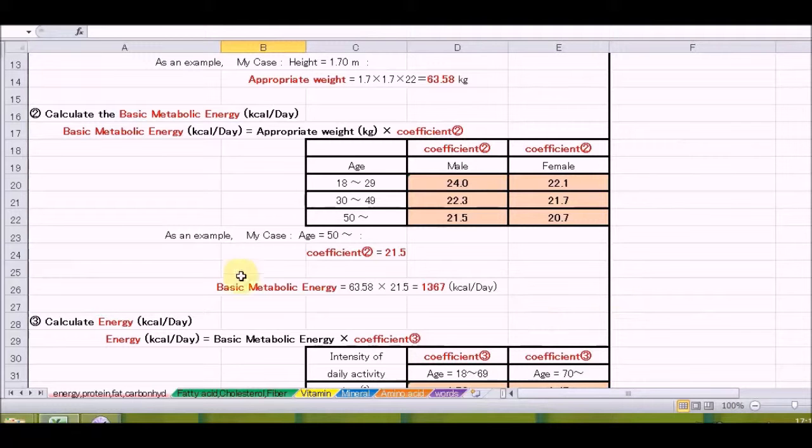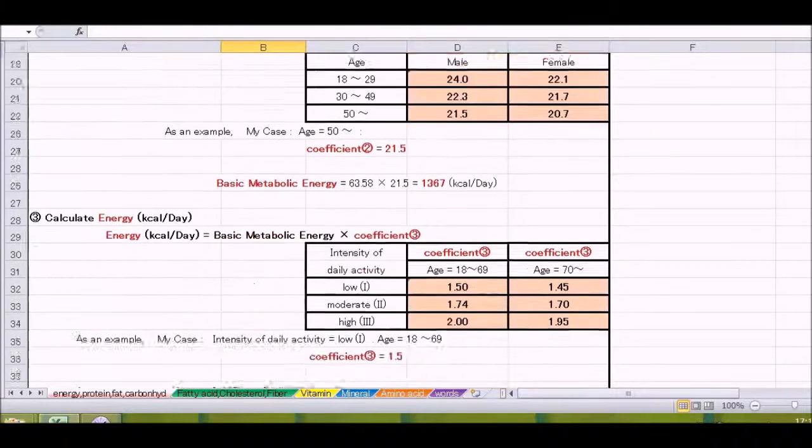For example, in my case, age over 50, and so coefficient 2 is 21.5, and so my basic metabolic energy is 1367 kilocalorie per day.